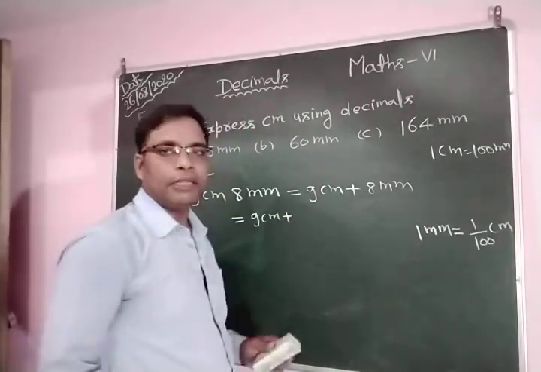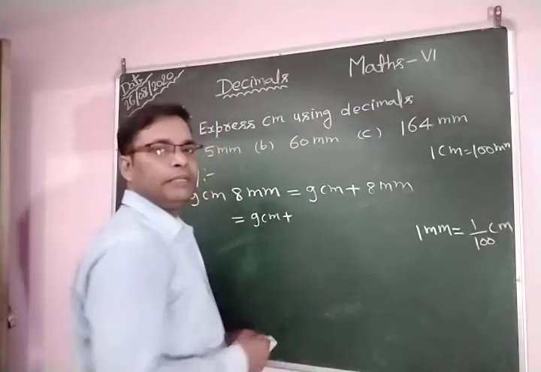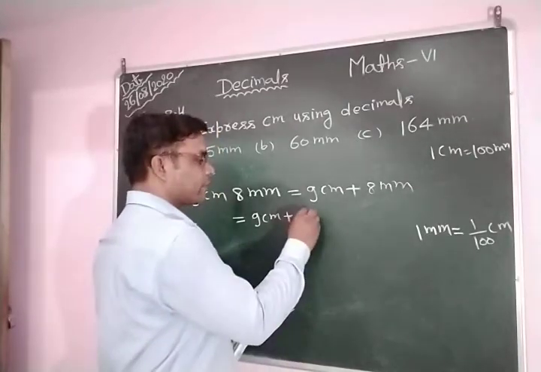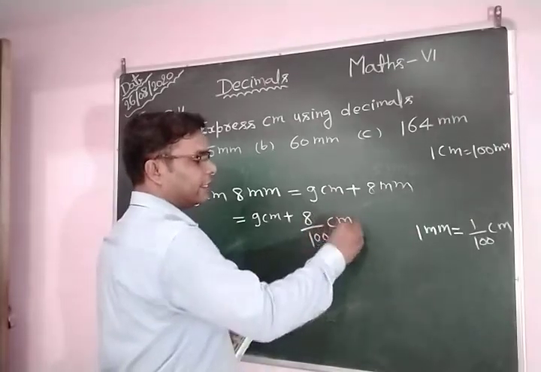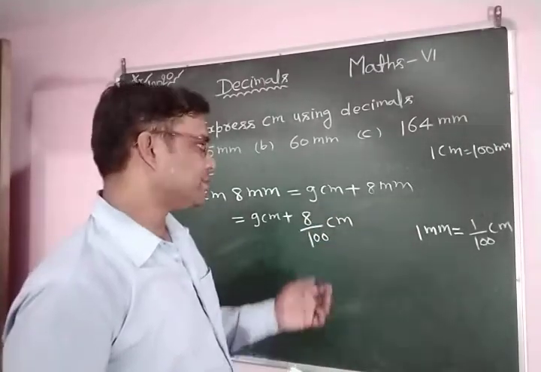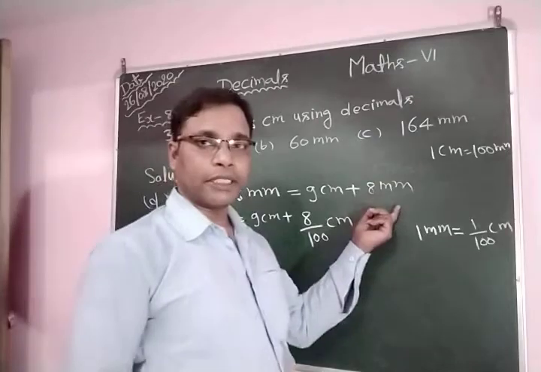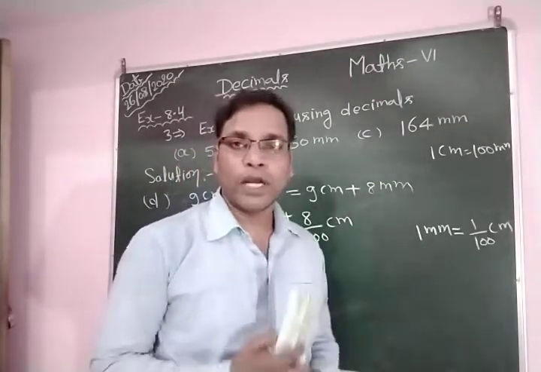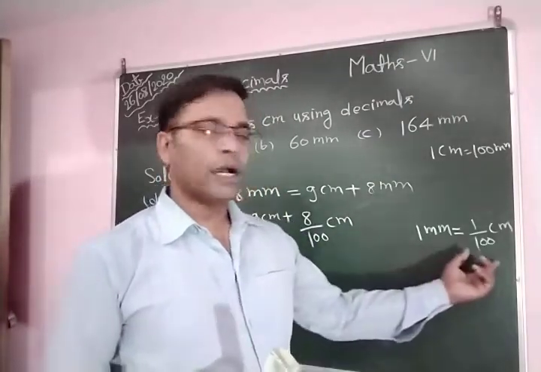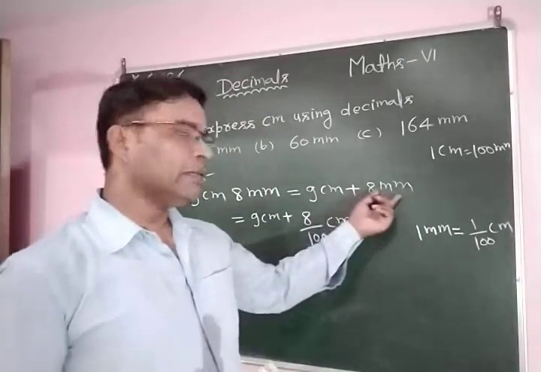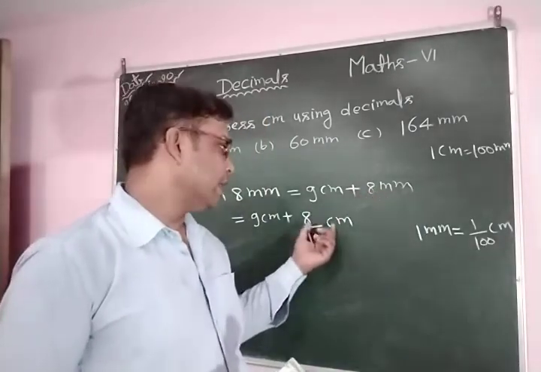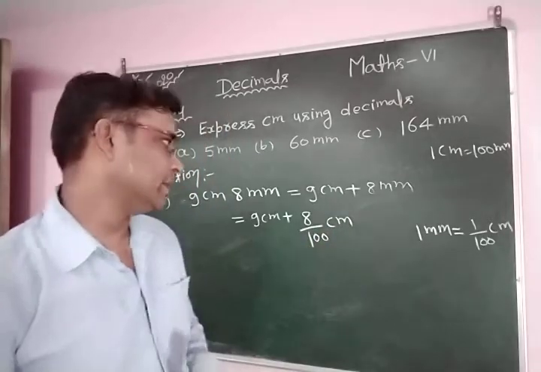So we write 9 centimeter as it is, but we convert 8 millimeter into centimeter. Since 1 millimeter is equal to 1 by 100 centimeter, 8 millimeter is equal to 8 by 100 centimeters.